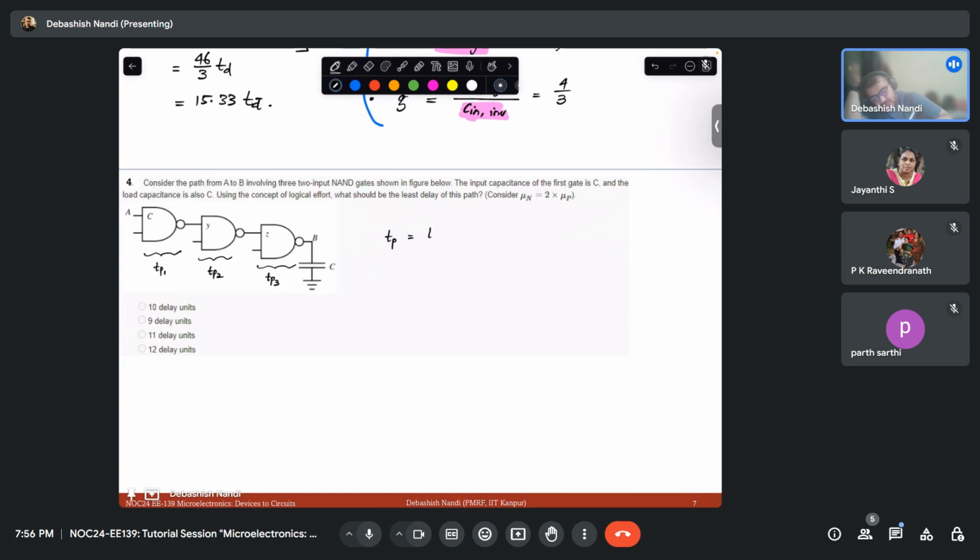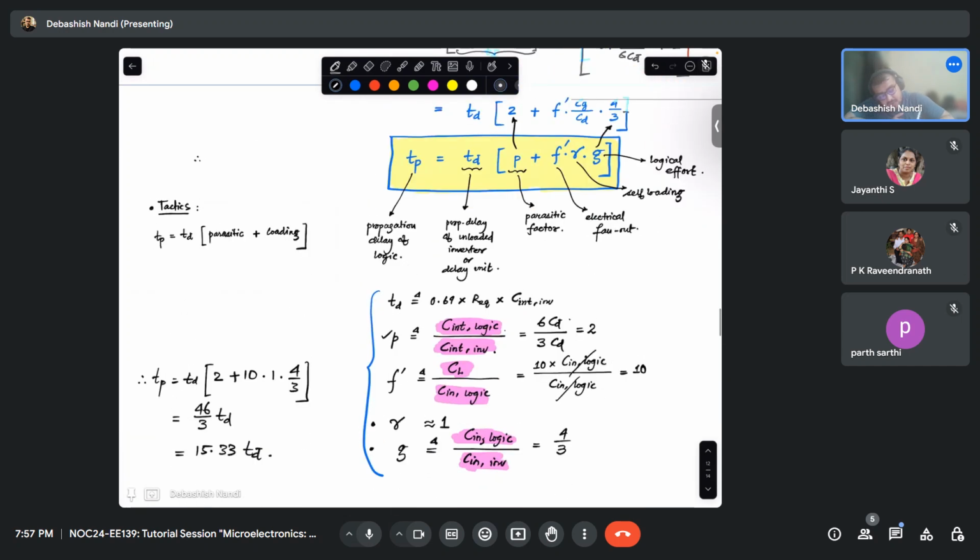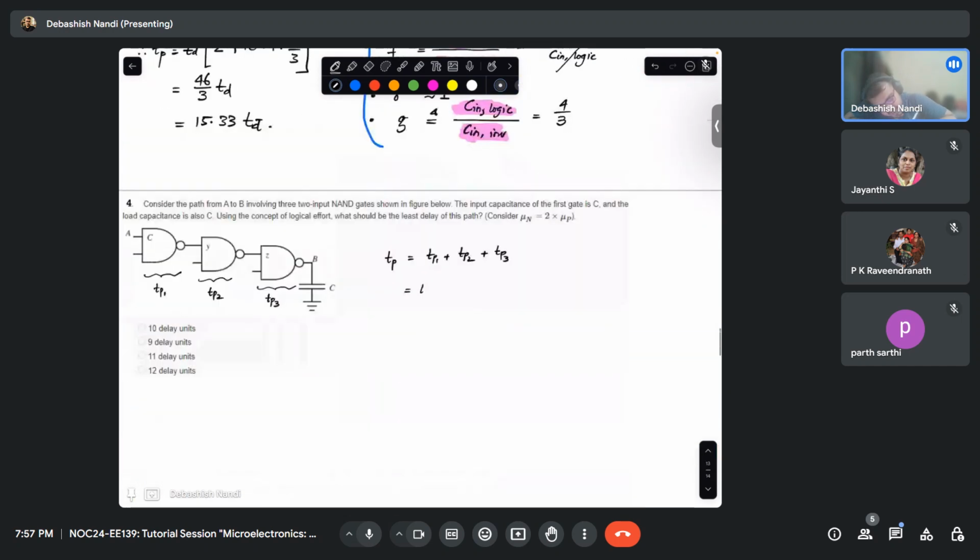So TP will be TP1 plus TP2 plus TP3. What is TP1? You have found out that it is TD times P plus F dash G and gamma.